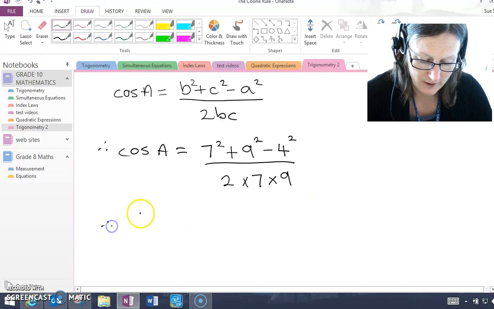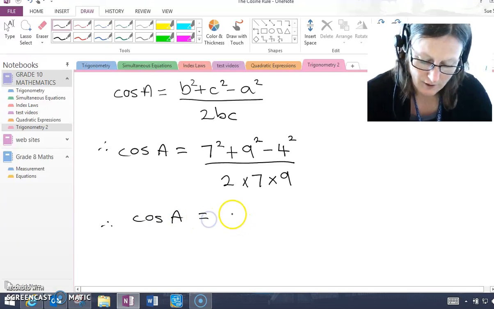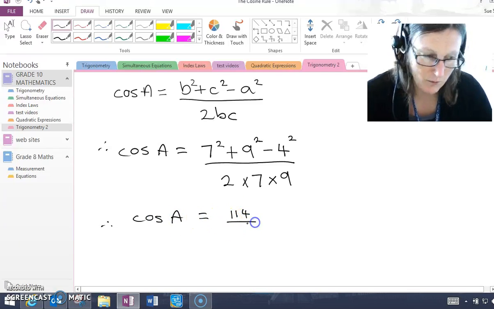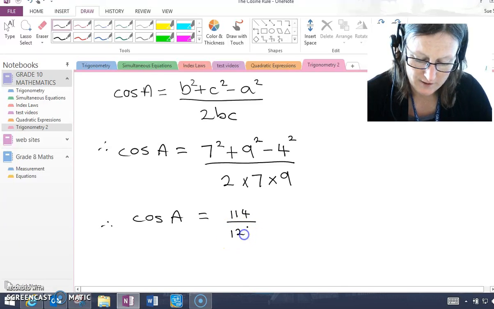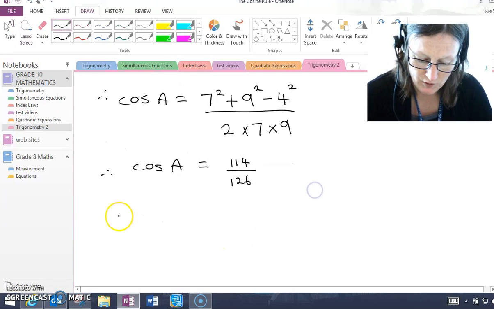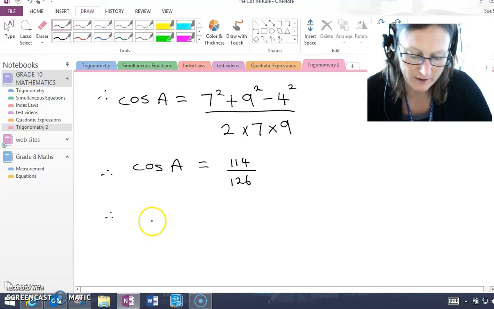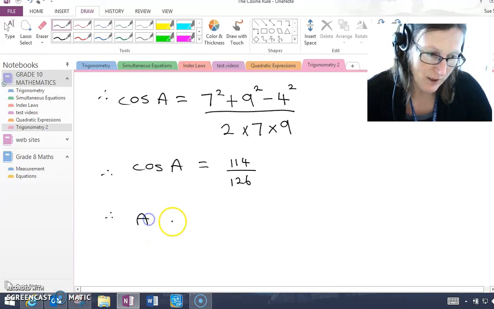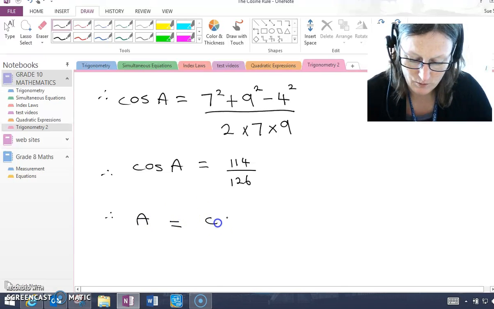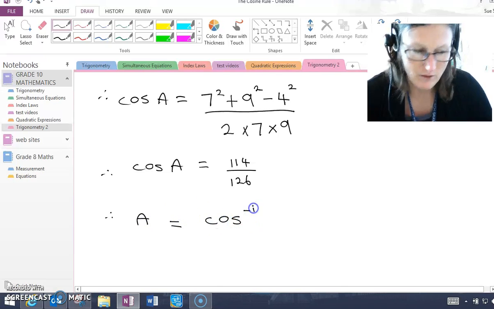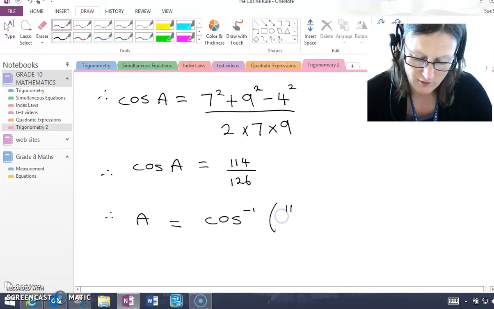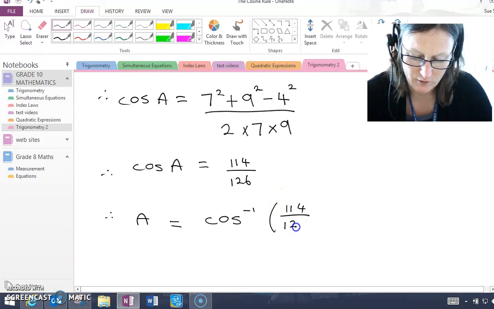Putting that into my calculator, cos of A is equal to 114 is what the top works out to be, 126 the bottom. I'm trying to find an angle, so remember in my calculator I need to press the shift button, shift cos to find angle A, so A is equal to cos minus 1 of 114 over 126.